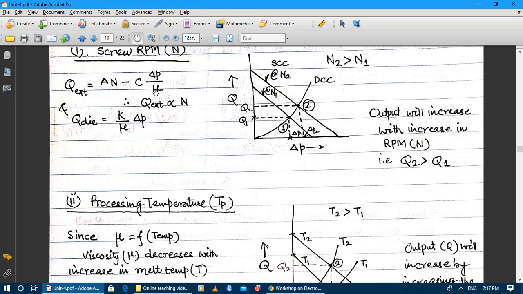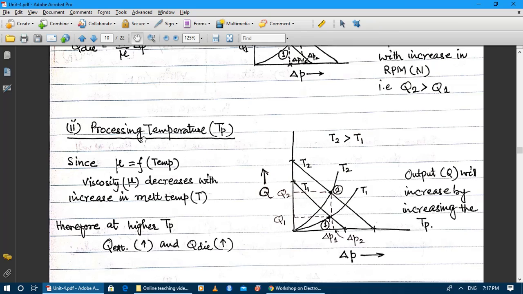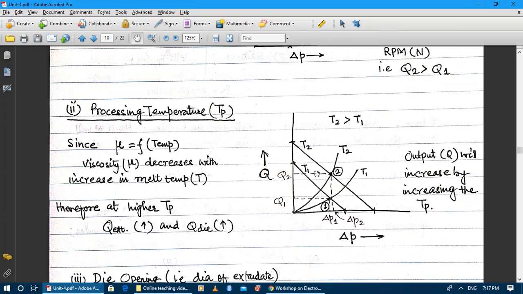When viscosity decreases, extruder output will increase, and when viscosity decreases, die output will also increase. So you can say we are operating our extruder at two different temperatures, T1 and T2.